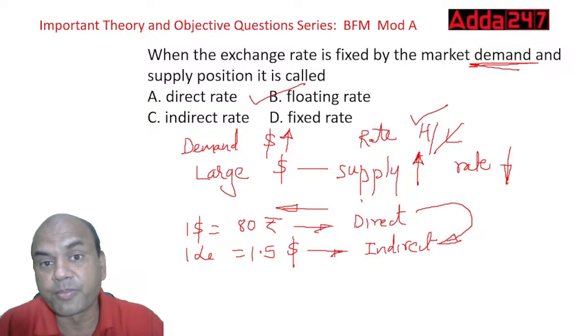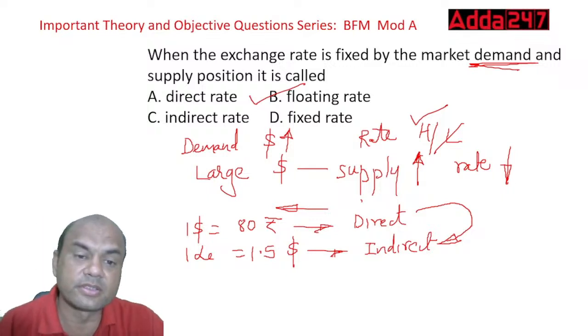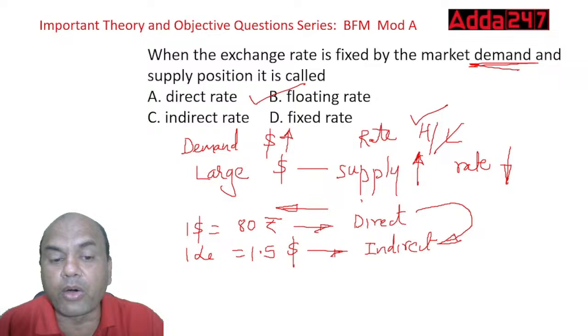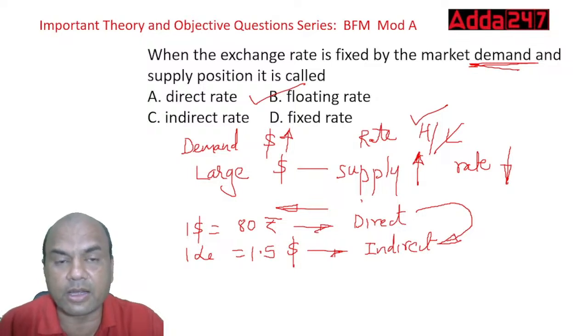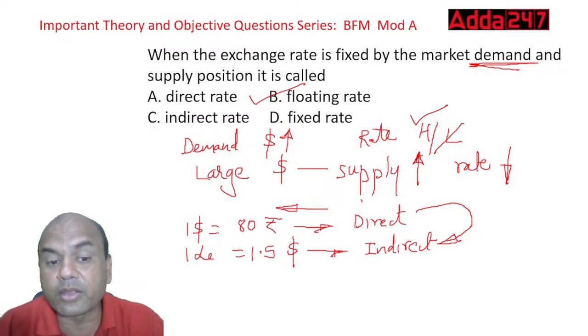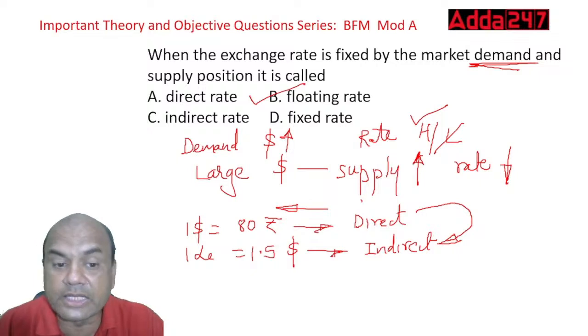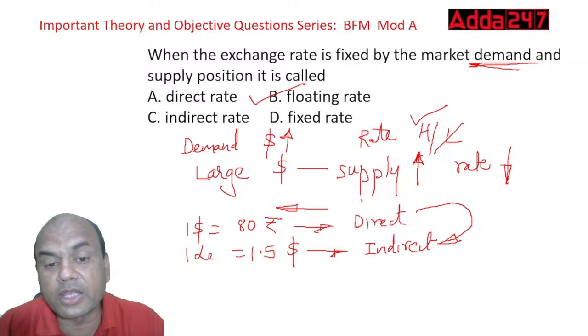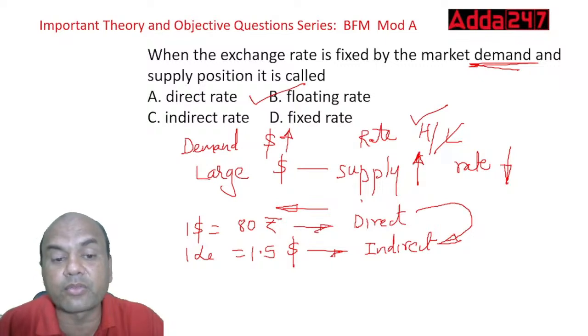But don't confuse yourself with the currency, because the pound is now having the indirect rate. Indirect means what? Is that economy bigger than India's? No. The Indian economy is bigger than the Britain or London economy.